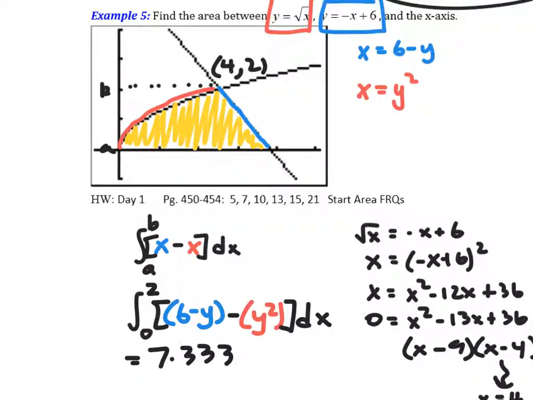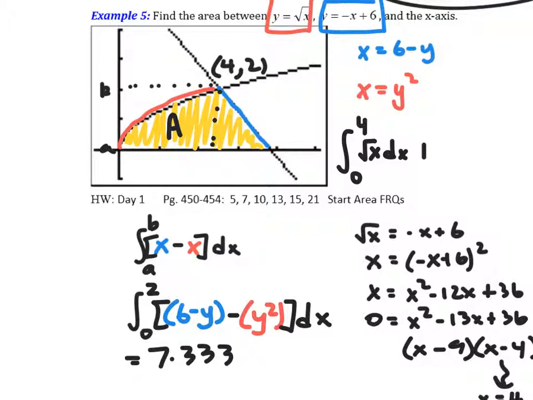Okay, so let me scratch this for a moment. If you didn't like this, you can ignore it, and you can always integrate it with respect to x. So think of it like this. I'm going to integrate from 0 to 4 along the x-axis to find this area A. I'm just going to take the square root of x dx, because that would be the area underneath that curve down to the x-axis.